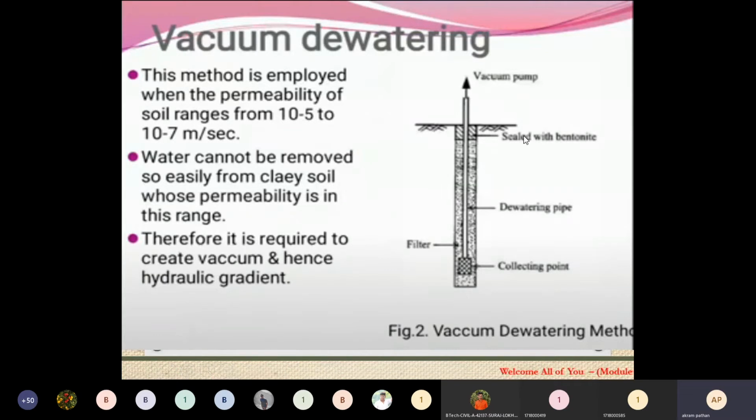This method is used when the permeability of soil ranges from 10 raised to power minus 5 to 10 raised to power minus 7 meter per second. Water cannot be removed easily from clay soil with permeability in this range. Therefore it is required to create a vacuum and hence a hydraulic gradient.